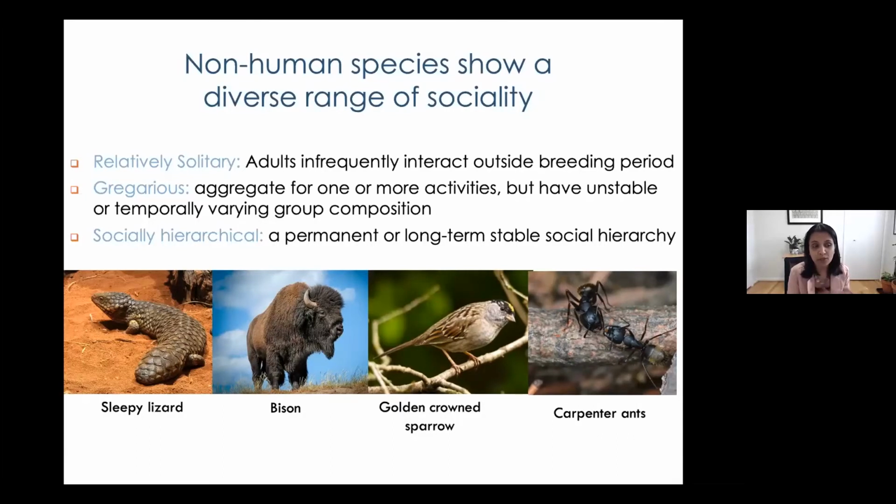Lastly, we might have socially hierarchical species, which have this very strict social structure that is permanent and long-term, and it's usually structured in a hierarchical way. So many insect species, carpenter ants, for example, fall in this category.